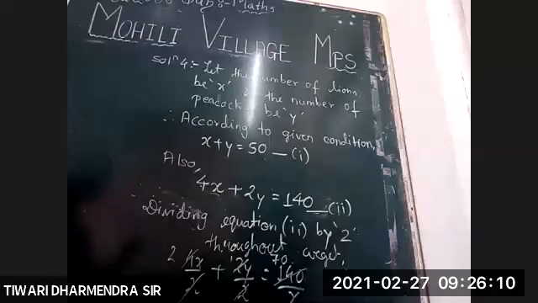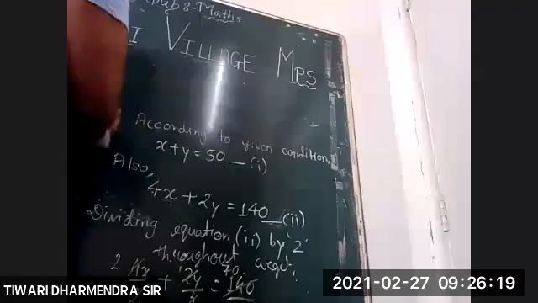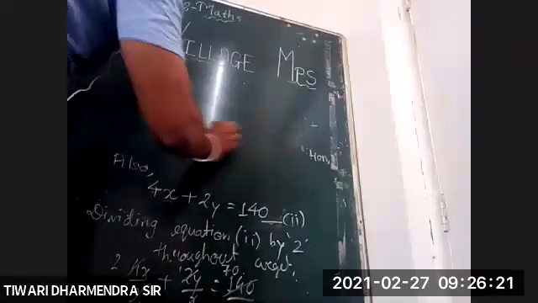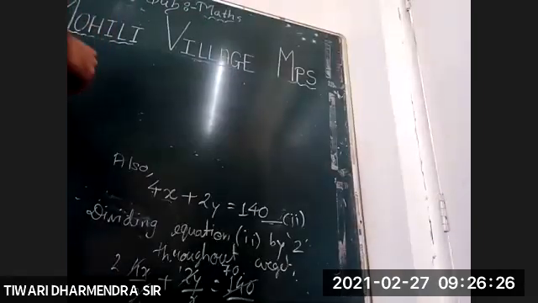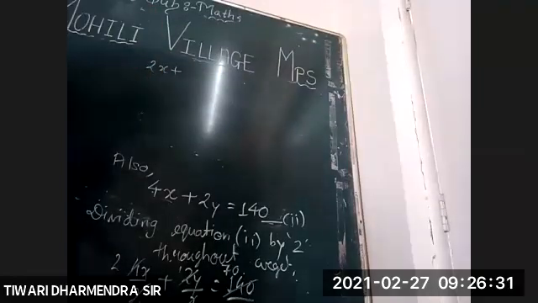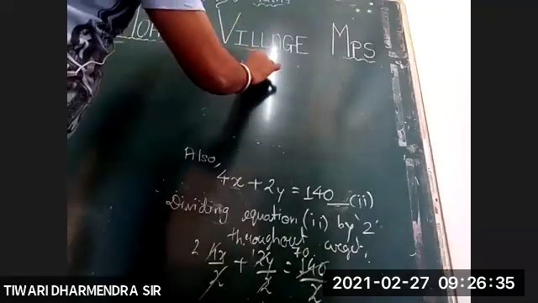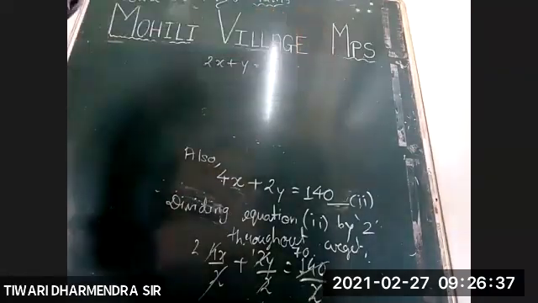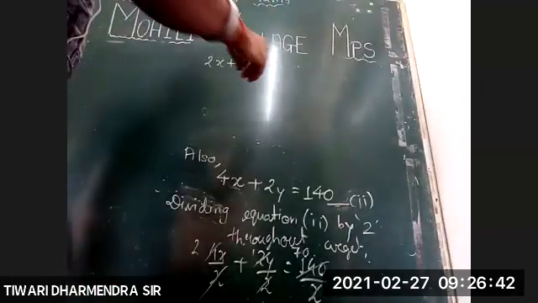So the equation that we get is 2x plus y is equal to 70. We have this as equation number 3.